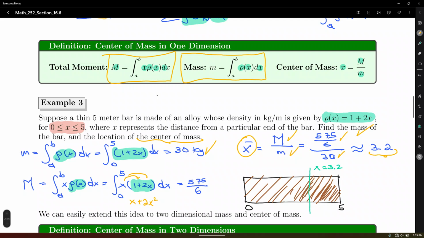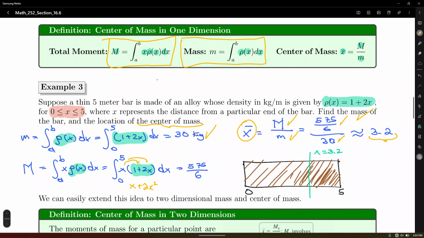Let's make sense of this situation. We computed a couple of integrals, so how does the physics make sense with the mathematics? Here we have an illustration of the rod that is 5 meters in length. Notice how we got the center of mass to be 3.2.